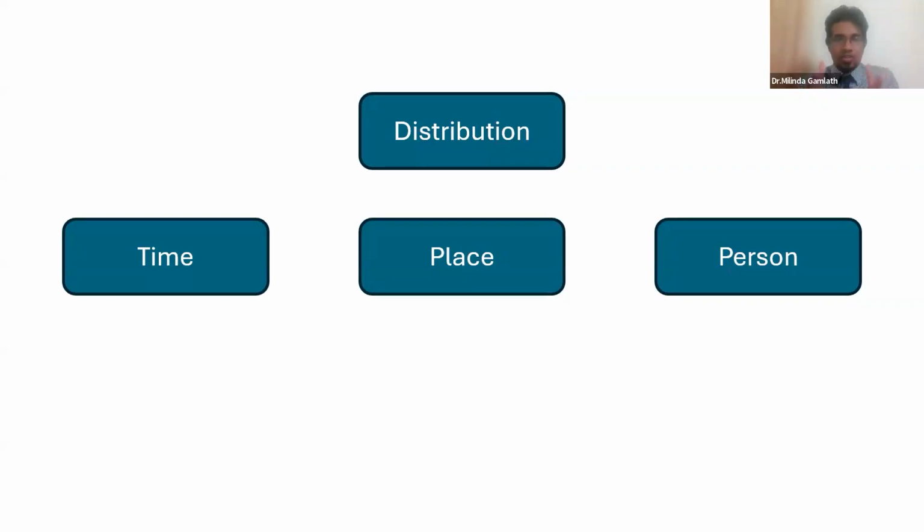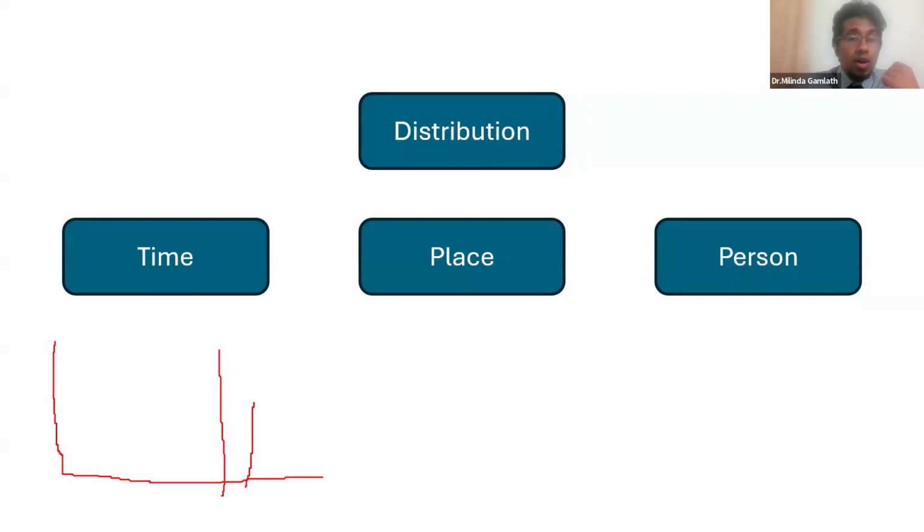Basically, they showed the number of cases today, another bar for the number of cases yesterday, another one for the day before yesterday, and so on. That showed the distribution of COVID-19 across time. So they had a bar graph like this, right?